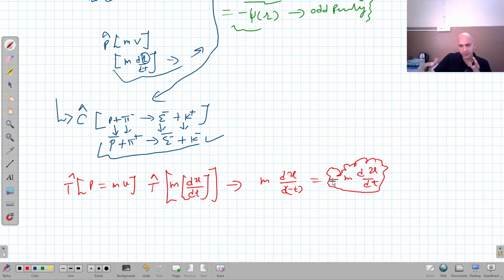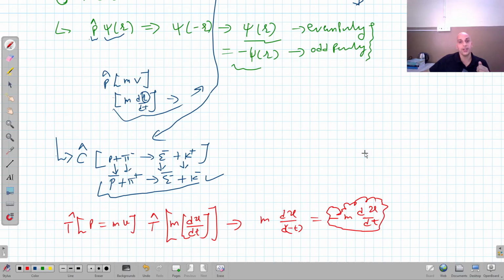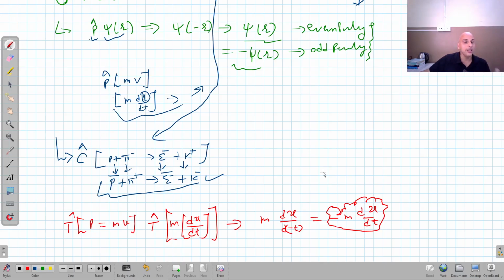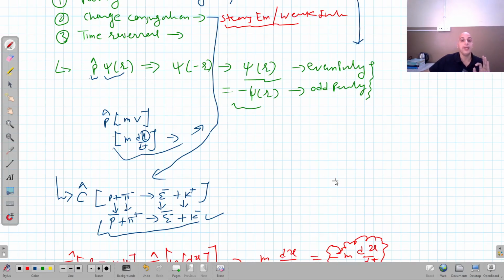Time reversal simply means if the process is proceeding forward in time, and if I reverse the direction of time, then according to the invariance of time reversal operation, the process or phenomenon will take place with equal probability. If that is happening, then we can say time reversal operation is conserved. But if it is not happening, the system is changing its sign, it means time reversal is violated, right?